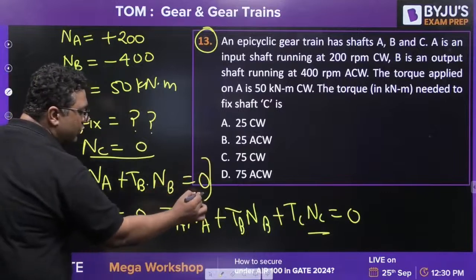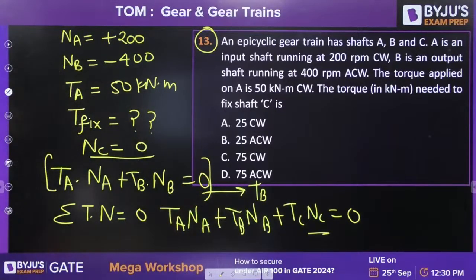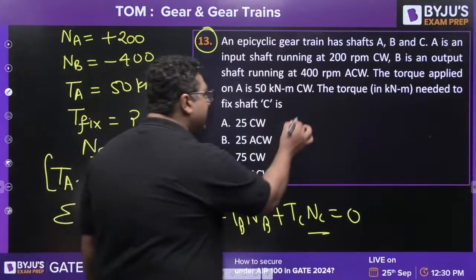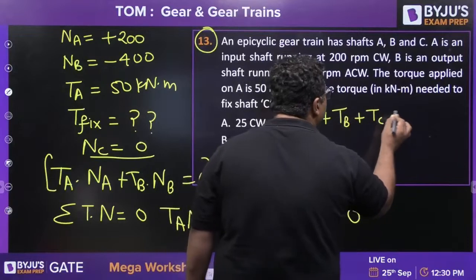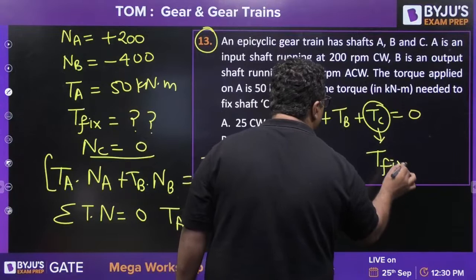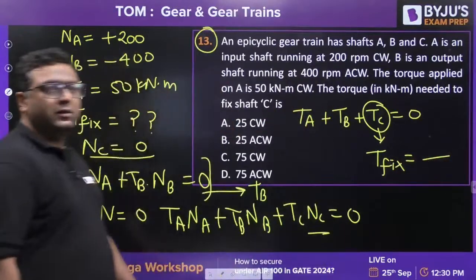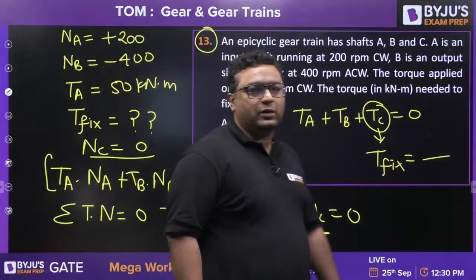With this equation you can find out TB. And once you get the TB value, TA plus TB plus TC is 0. TC is nothing but the fixing torque. Solve it and get the answer.